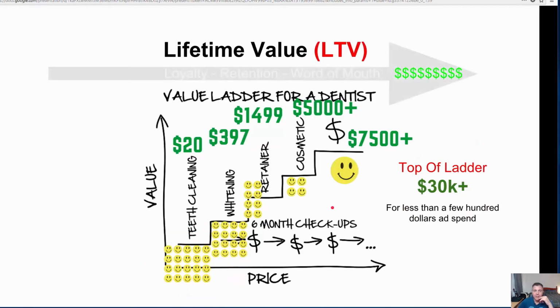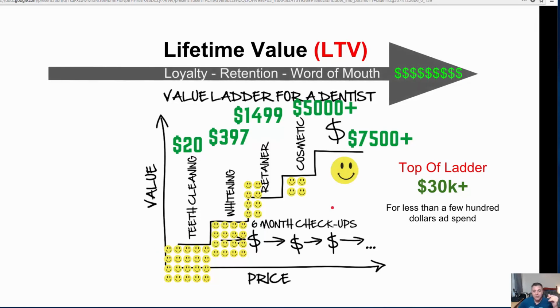So lifetime value goes even further. You've got to remember, even if you put people through this funnel or this ladder, those that come out the other end, or you should have all of them come out the other end, being loyal customers. You should treat them right, make them feel welcome, always offer really good value.